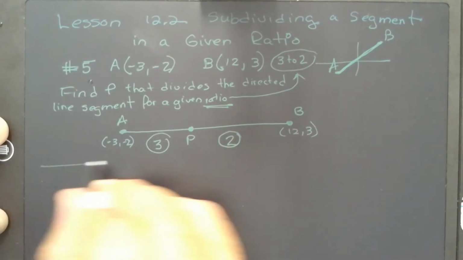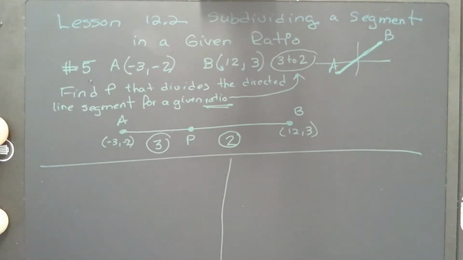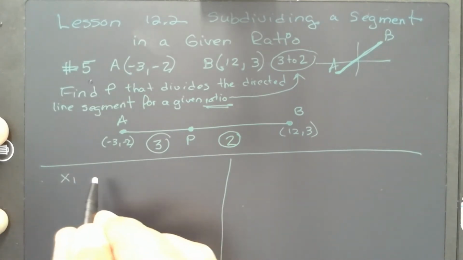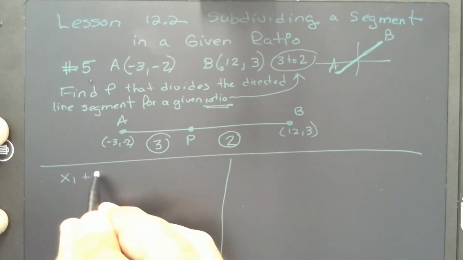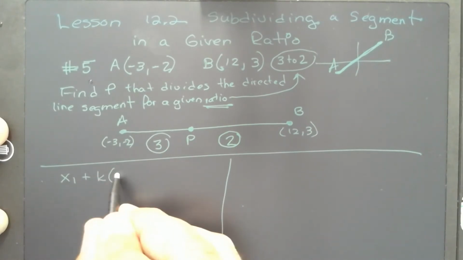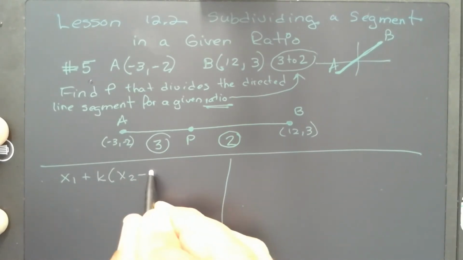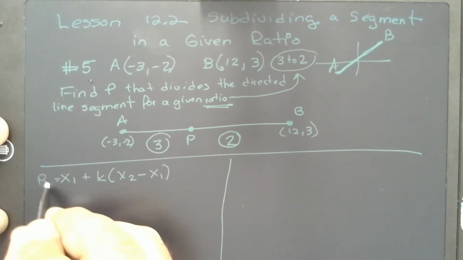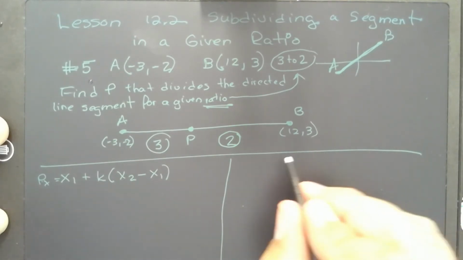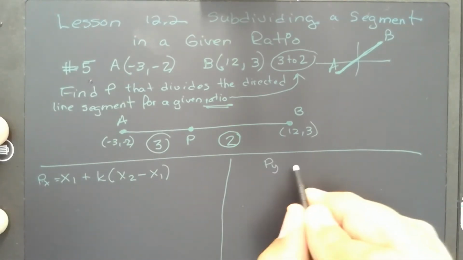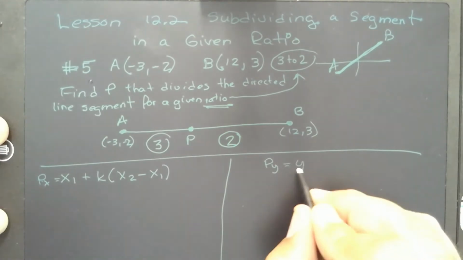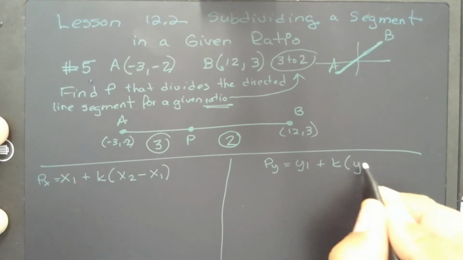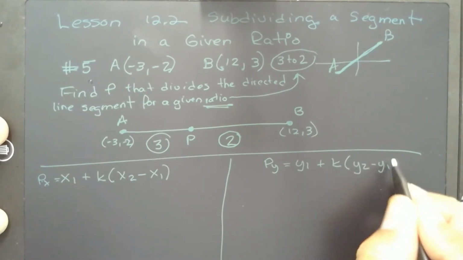So, here goes the formula. We're going to have x1 plus k times x2 minus x1, and this will give me p of x. The other one is p of y is equal to y1 plus k times y2 minus y1.